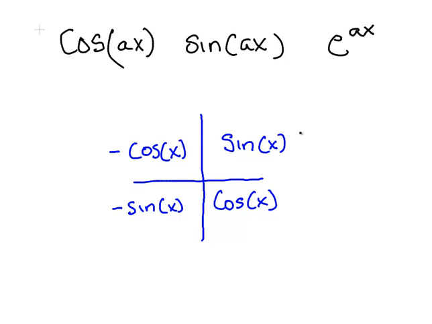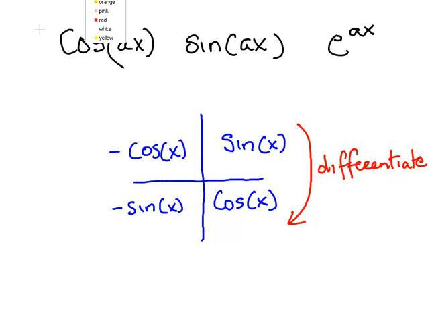So, essentially, if we are going clockwise around this, we are differentiating, okay? If we are going anti-clockwise, that's integration. So, the integral of minus sine of x is cos of x.